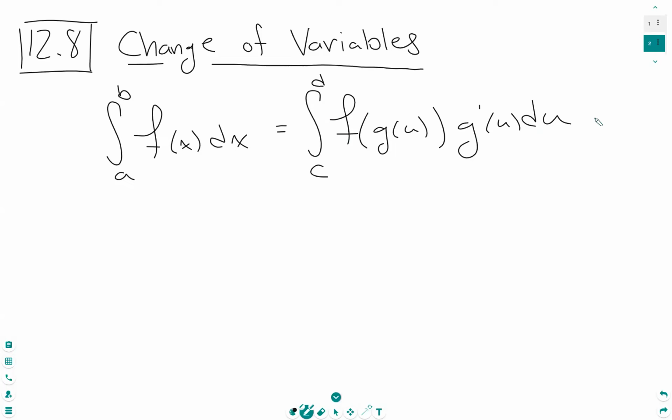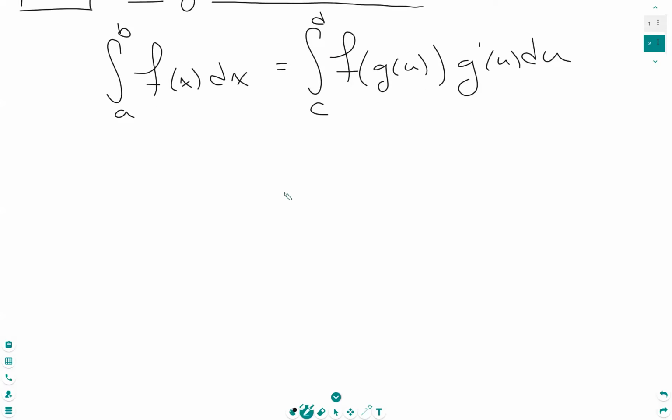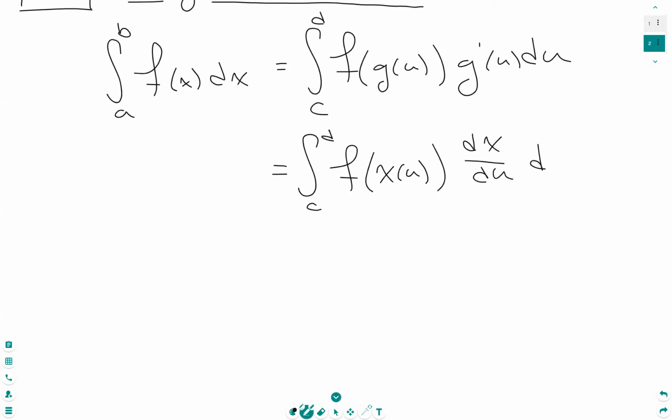You have some u variable and it allows us to translate what x is, and dx translates to g prime du. Another way to write this is the integral from c to d of f of x as a function of u, dx/du du. Basically, that's what we're doing.